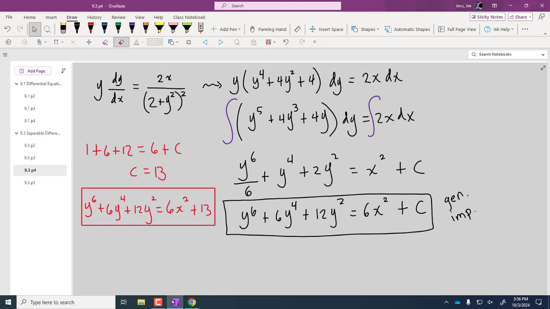Okay, so 2y, so you have to divide by 2. You could use substitution here, because u equals 2 plus y squared.